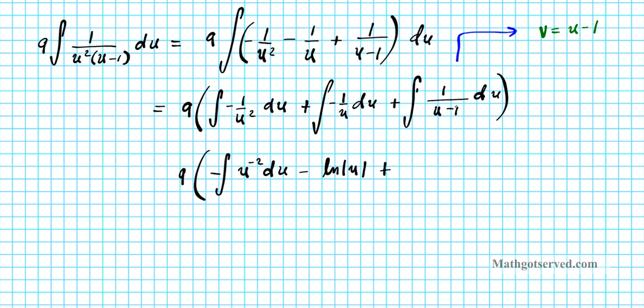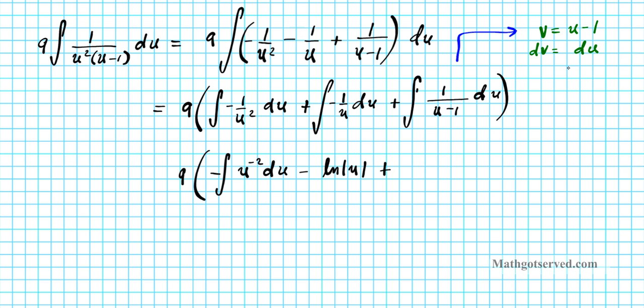If you differentiate the inner linear function, you end up with a constant function 1. So if v is u minus 1, dv is going to be du.